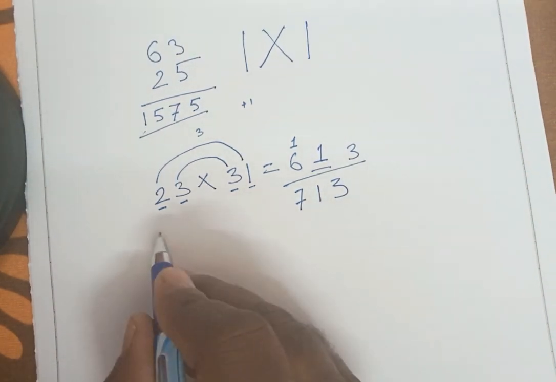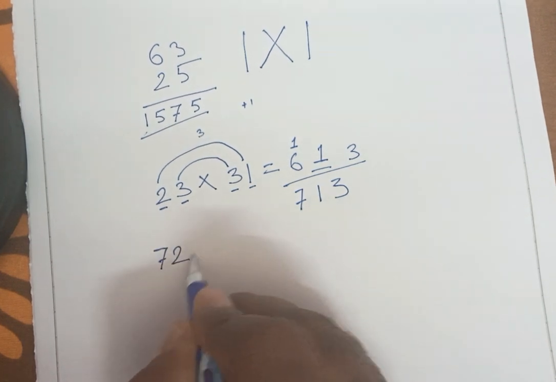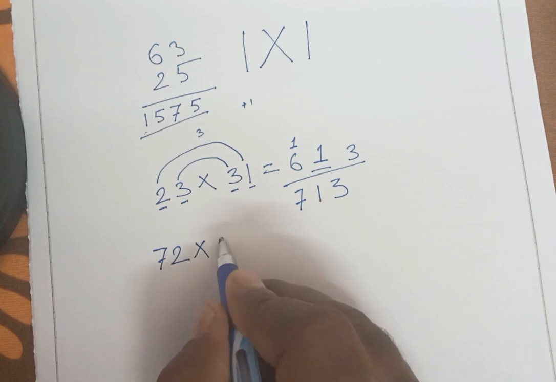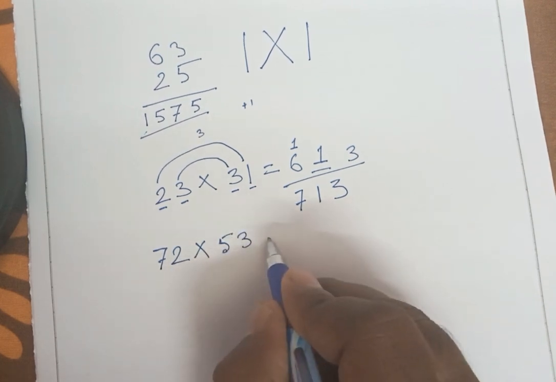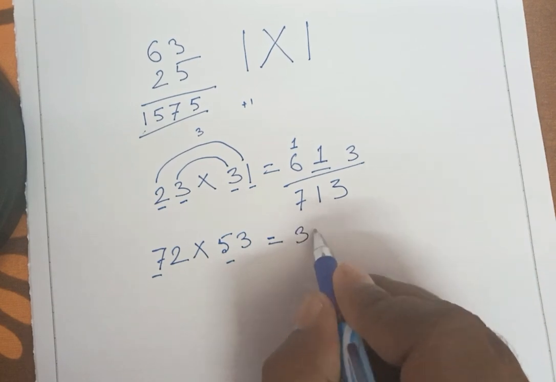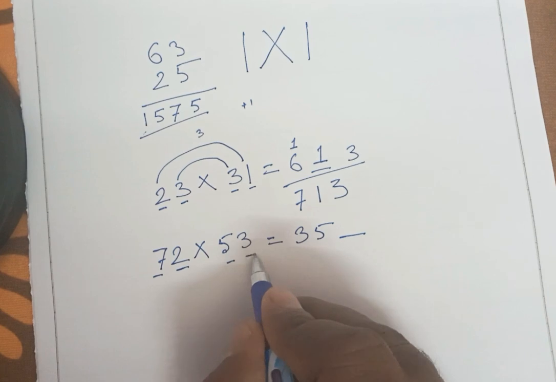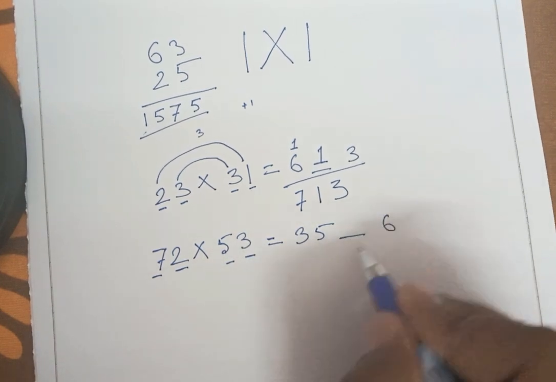Very easy process. Now another one, if you multiply 72 with 53, how can we do it? The similar method: multiply these two first, that is 35, then multiply these two, that equals 6.